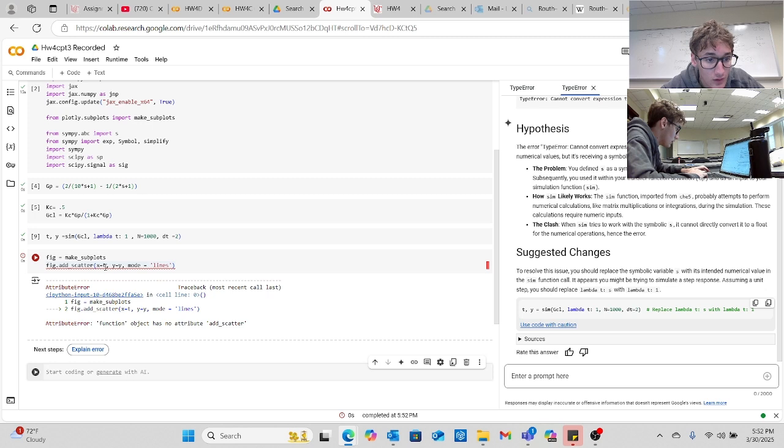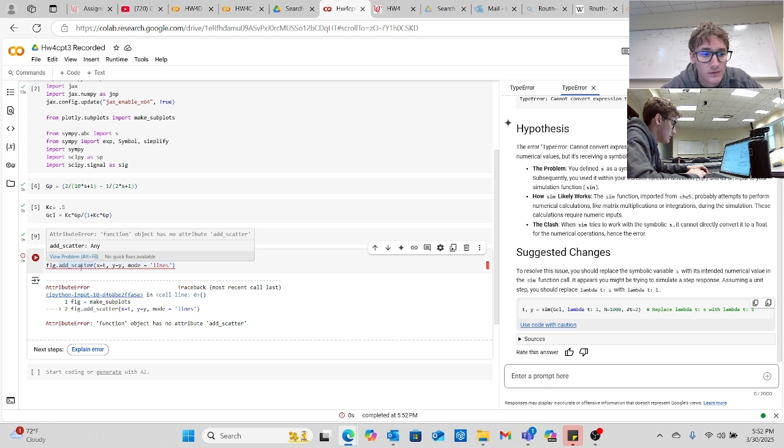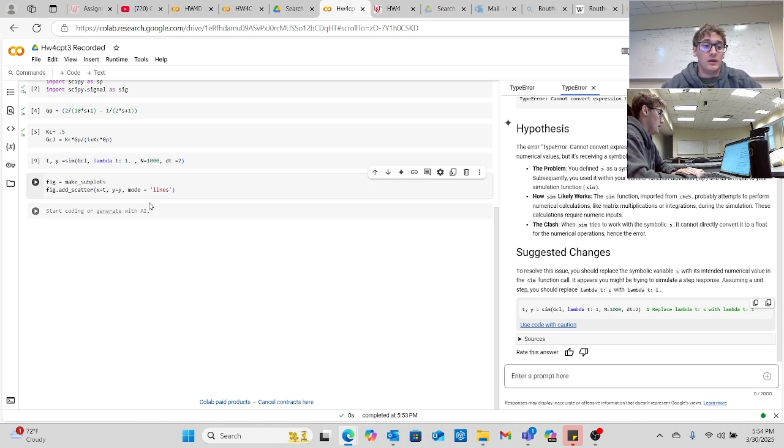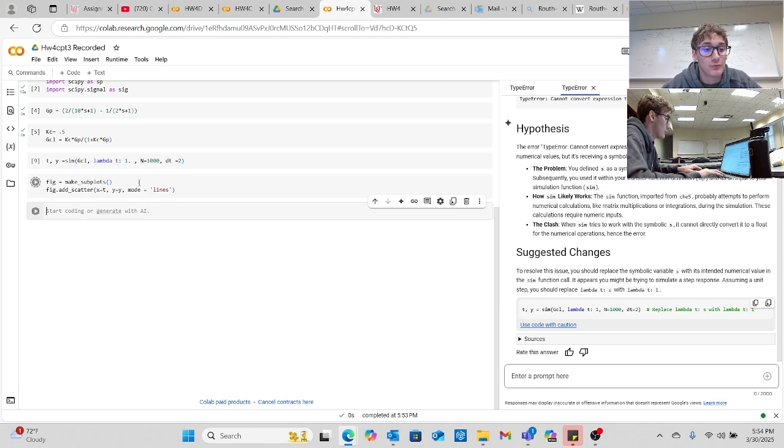No. Object has no attribute add_scatter. Huh, what do you mean? I'm going to double check this is correct, and again, I think I'm doing something really dumb. Anyway, so I'm an idiot, just plain and simple.